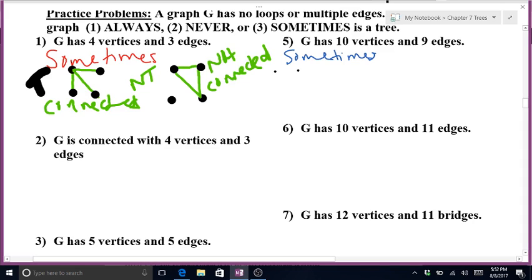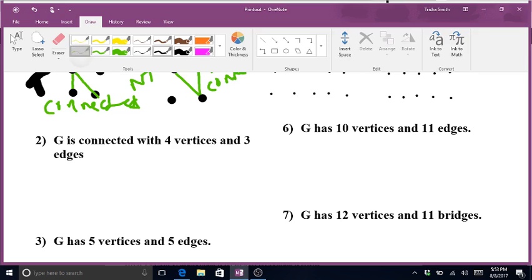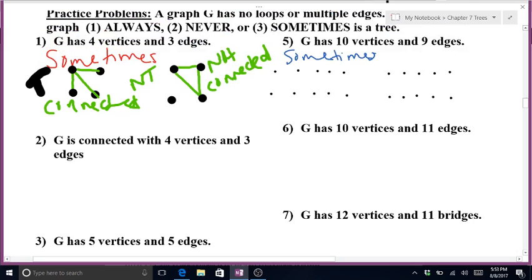Let's see, 1, 2, 3, 4, 5, 6, 7, 8, 9, 10. All right. 1, 2, 3, 4, 5, 6, 7, 8, 9.